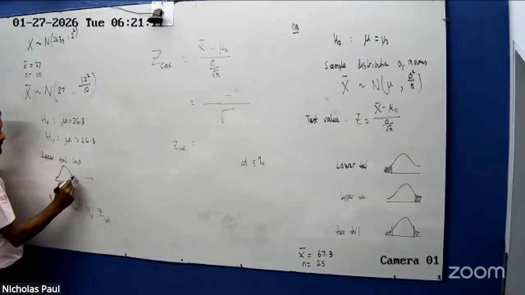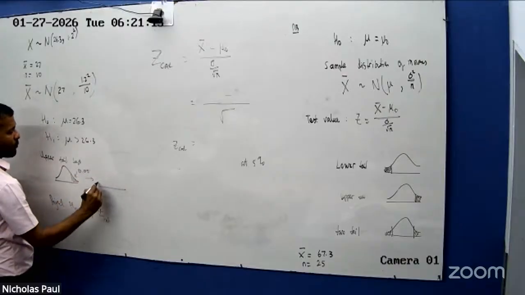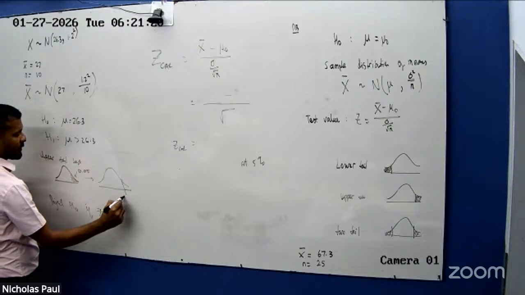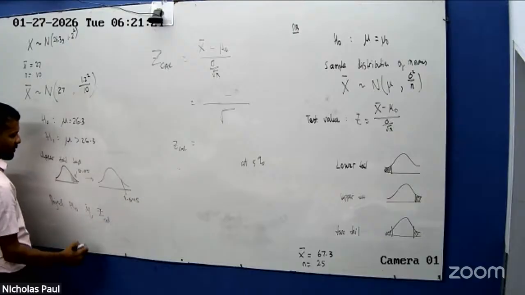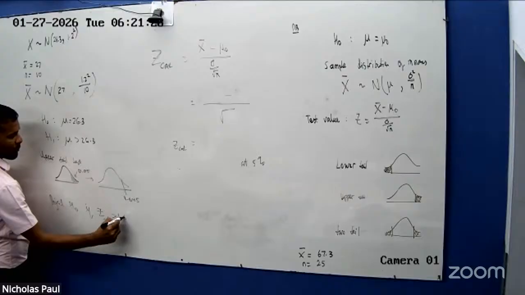It's the same 5%, 0.05, so it's the same critical value, 1.645. We reject H naught if the calculated value is more than 1.645.